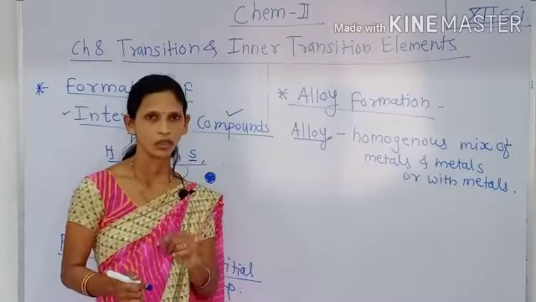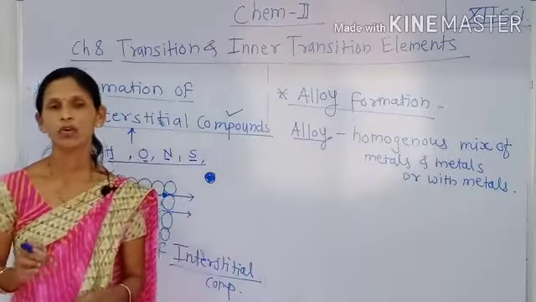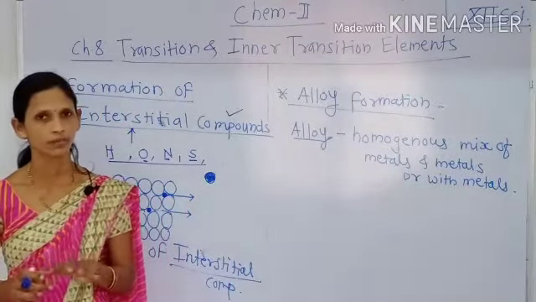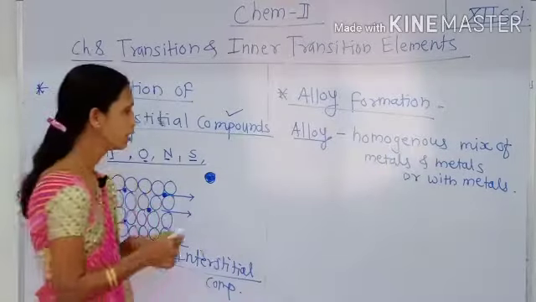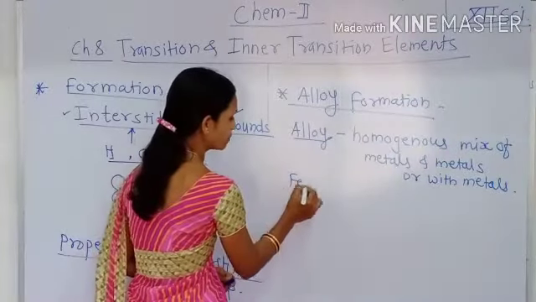These are called alloys. Alloys of transition metals are of two types, that is ferrous alloys and non-ferrous alloys.